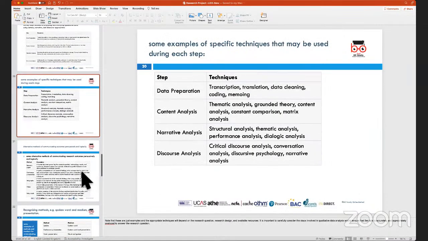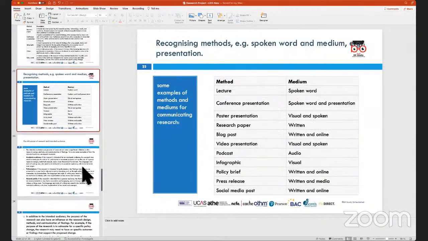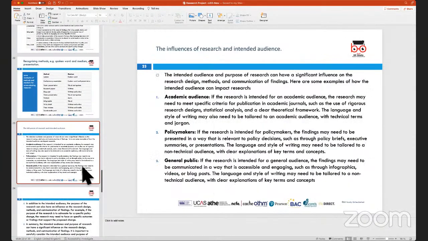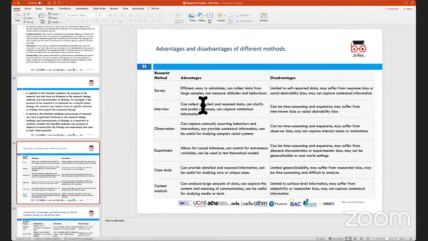Now, there are some examples that I would mention in particular when we talk about, let's say, the advantages of these methods. Depending on the type of research that you choose, you would have some advantages of certain types of data collection techniques. When I talk about surveys, interviews, observations, experiments, obviously experiments will not probably be used when you do this.